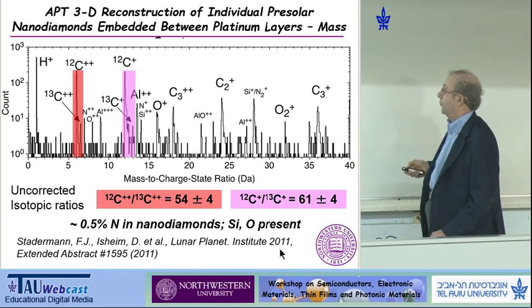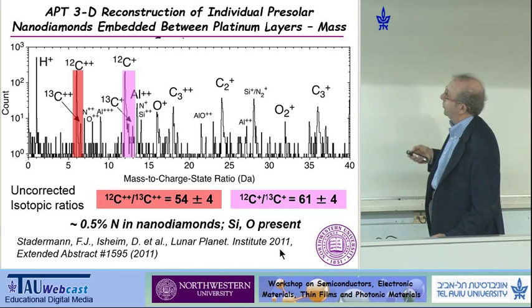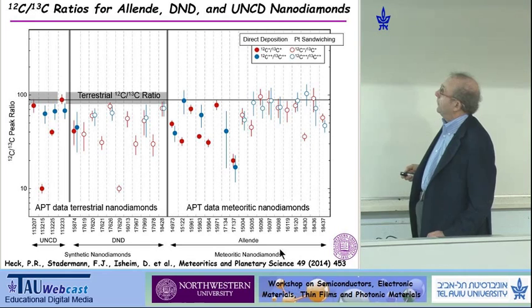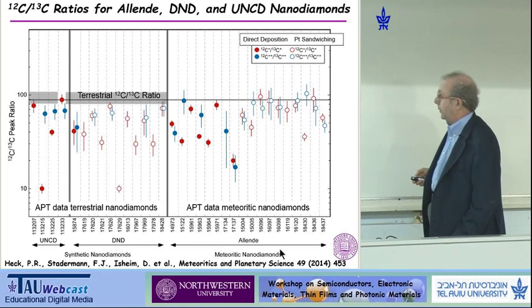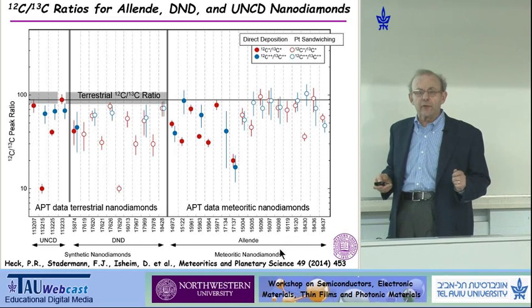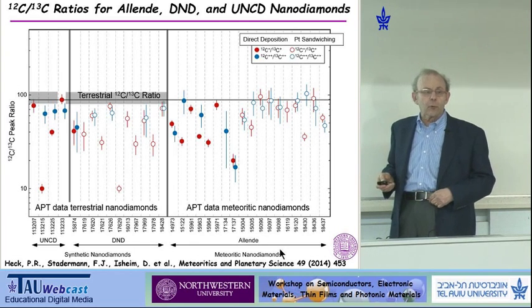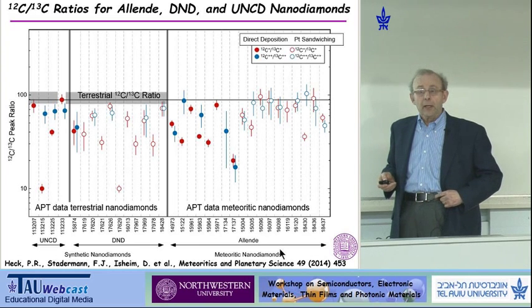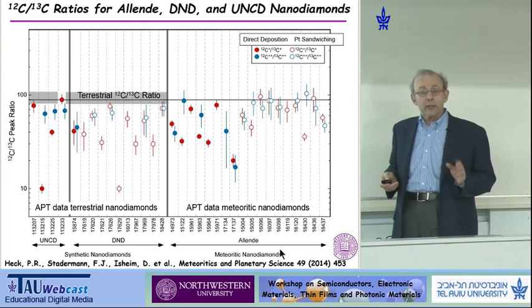There's some silicon present and some oxygen present also, as you can see from the mass spectra. Okay, so let me get to the bottom line here. If you measure concentrations in atomic fractions of the two isotopes, carbon-12 is about 89%, and if you measure it in mole fraction, it's about 92.